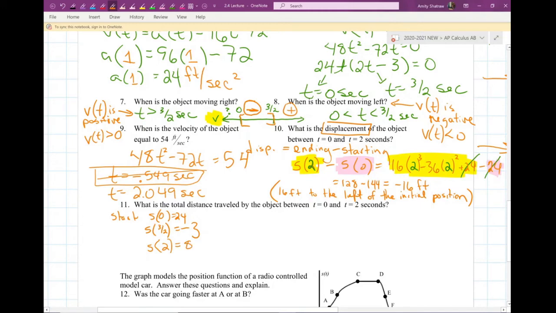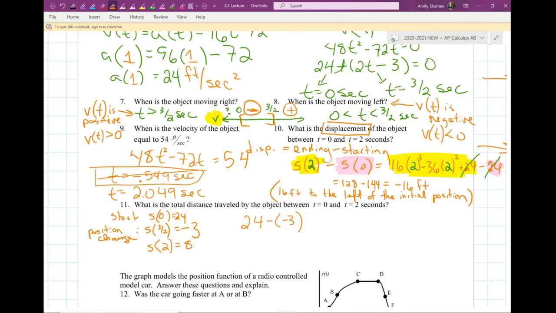So now I know at the start I was at 24 feet, and I did a position change here at 3/2 seconds, meaning I was going one direction and now I'm going the other direction. What I want to do is measure the distance between these two points, and one of them happens to be negative. If I'm at 24 and I go all the way over to -3, you could probably do that in your head.